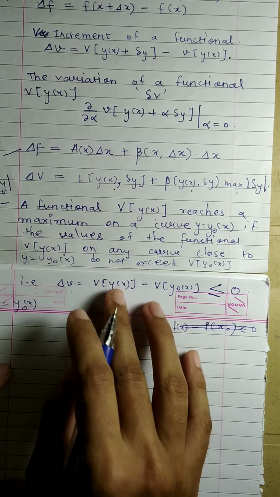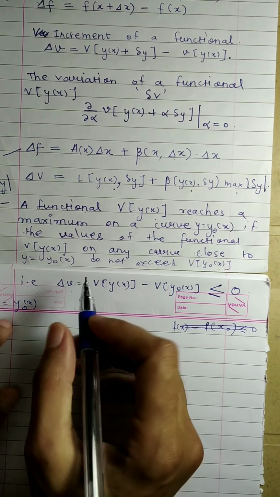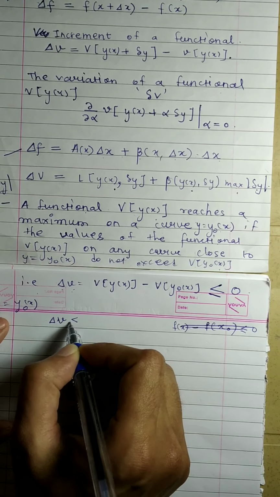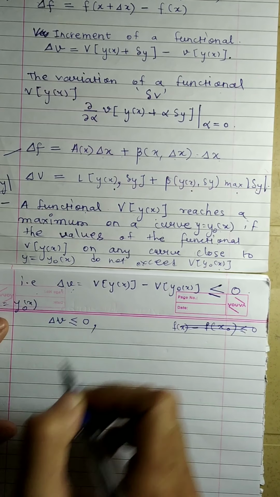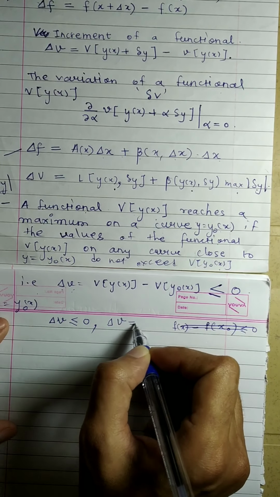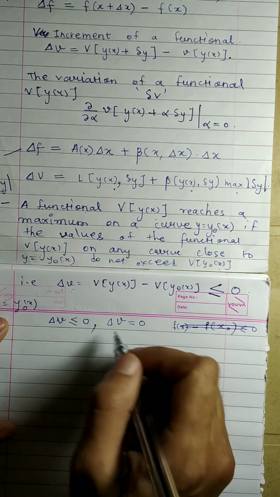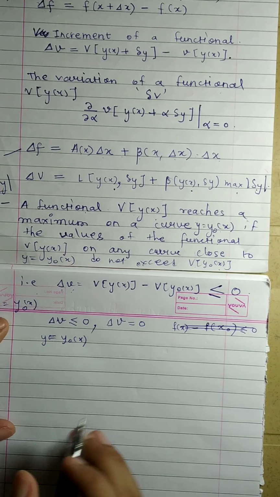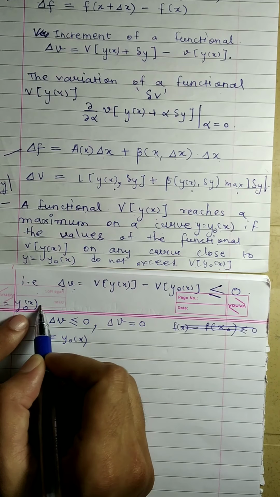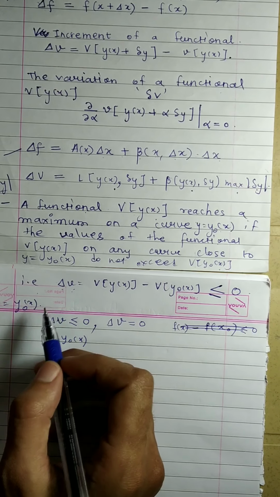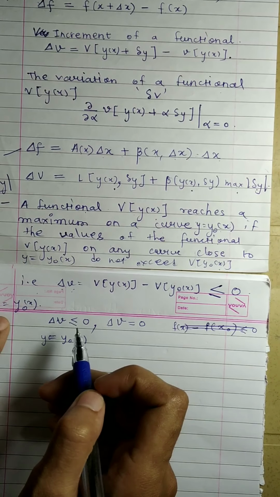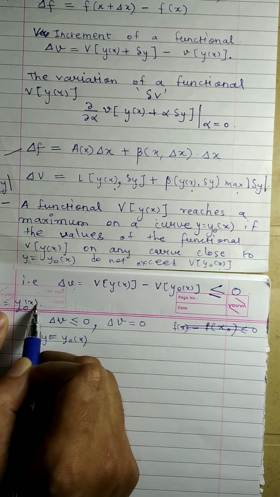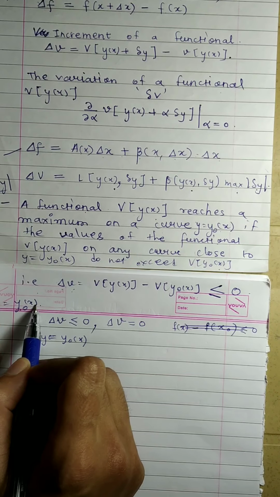Further, suppose this delta v has a value less than or equal to 0, and delta v is equal to 0 only at y equal to y naught of x. Then it is said that at the curve y equal to y naught of x a strict maximum is reached.